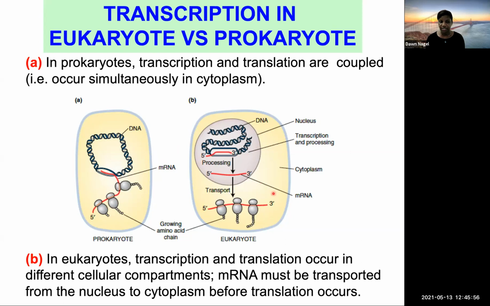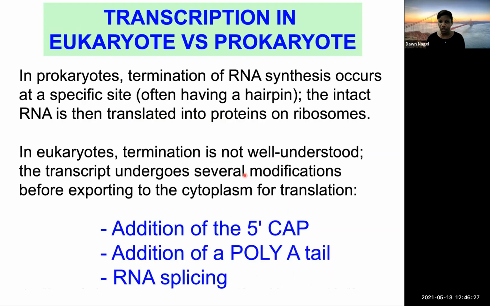You have a nucleus, translation happens in the cytoplasm, so your transcript needs to get from where it's synthesized in the nucleus, and then out into the cytoplasm to be translated. Between these two steps, there's many different processing steps that need to happen to ensure the integrity of this RNA.